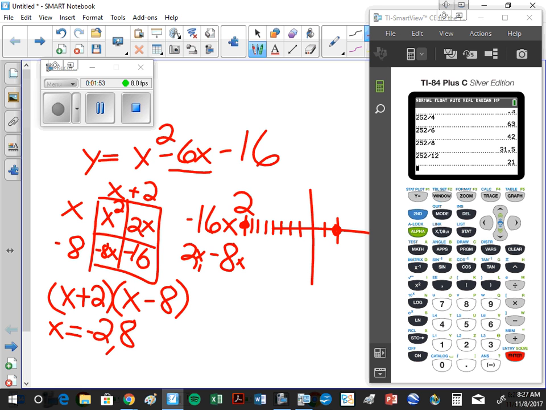Does this parabola open up or down? Up. How do you know? This number is positive. Okay, we just need to figure out where the vertex is. And we do that by finding the axis of symmetry. Where is the axis of symmetry in relation to the roots?